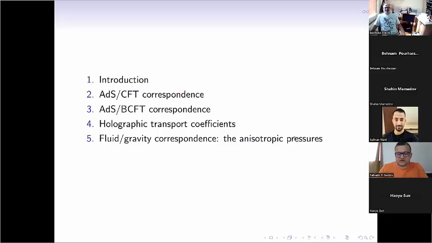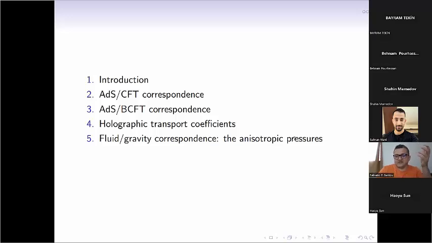This is the summary of my presentation. I will perform a small introduction about the BCFT correspondence and discuss some applications. With this, I will talk about the BCFT correspondence and why this new extension is good to describe some problems that appear in the description of strongly coupled systems using the AdS/CFT correspondence.